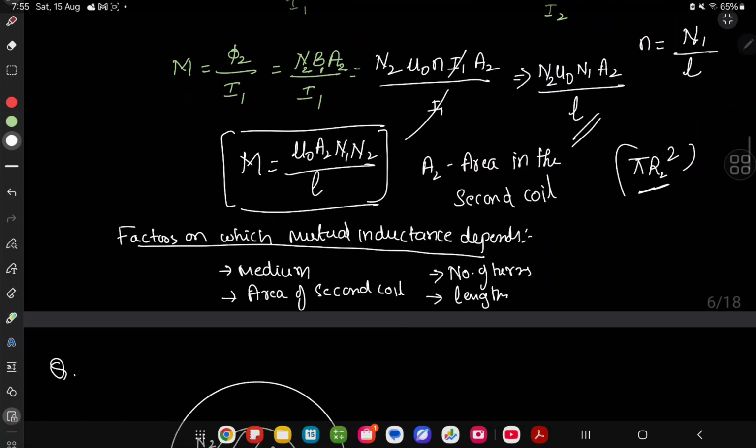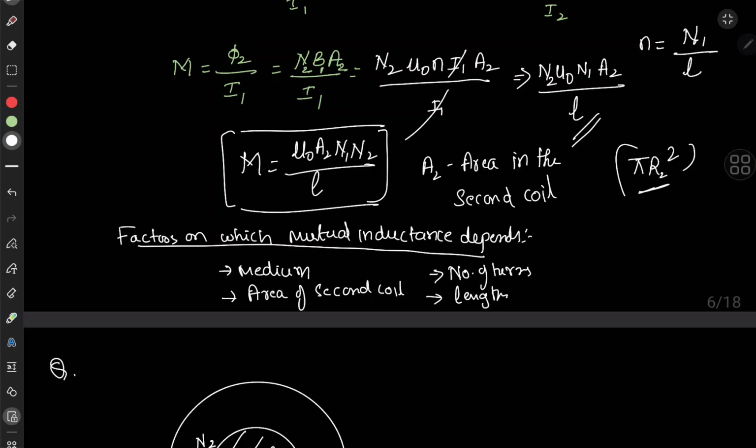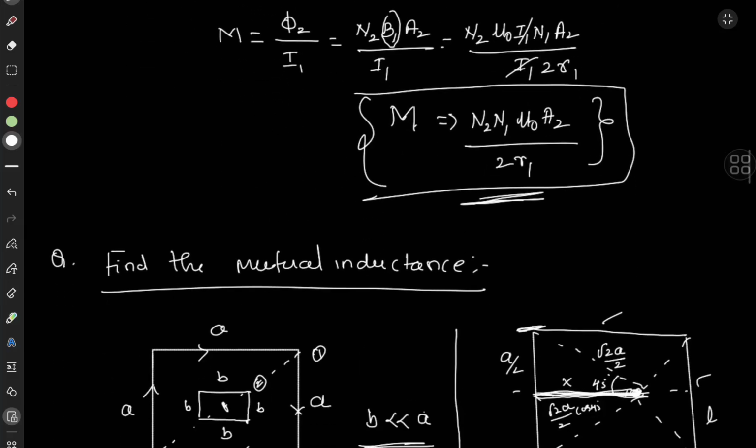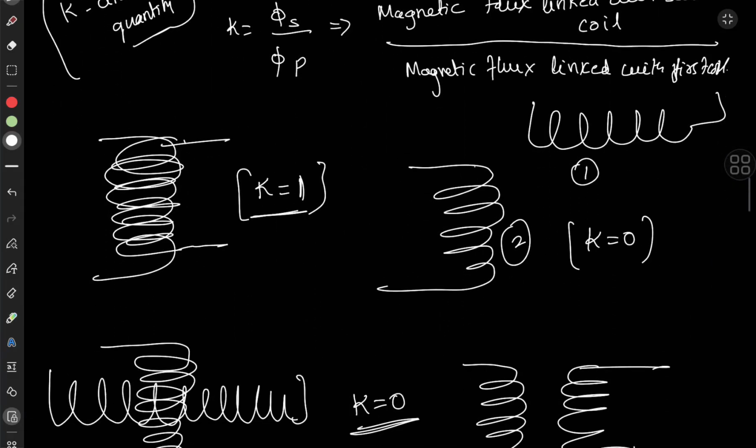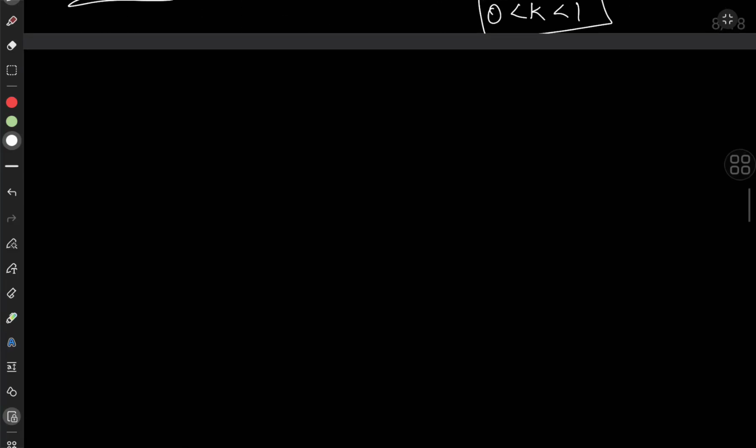Only these factors. It does not depend on the current flowing. Mutual inductance as well as self inductance does not depend on the current flowing in the circuit or in the coil. Okay, so now after understanding this, one more last topic is there.